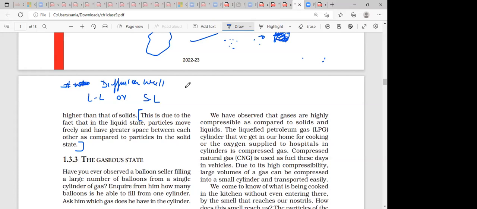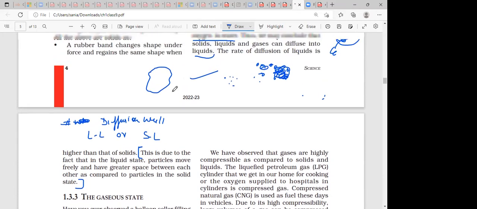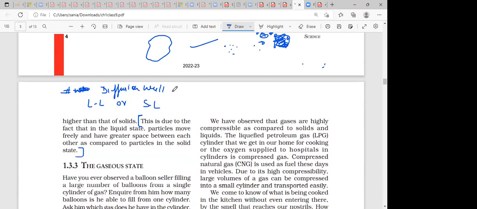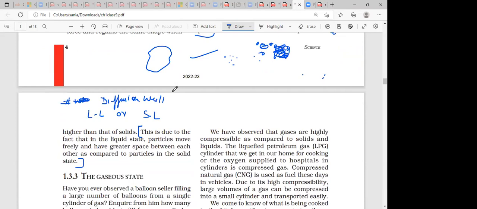No, ma'am? Okay. So you can write the question like this: why is diffusion faster in liquid-liquid and slower in solid-liquid?